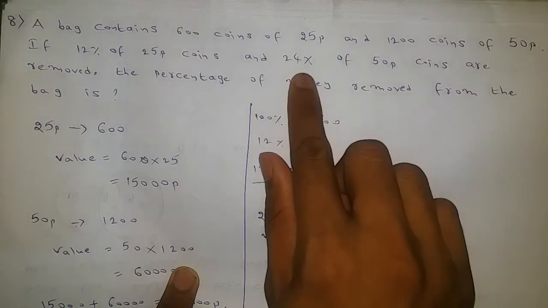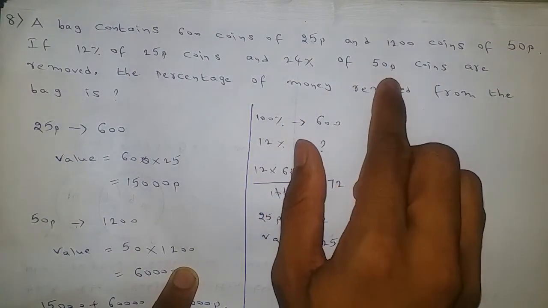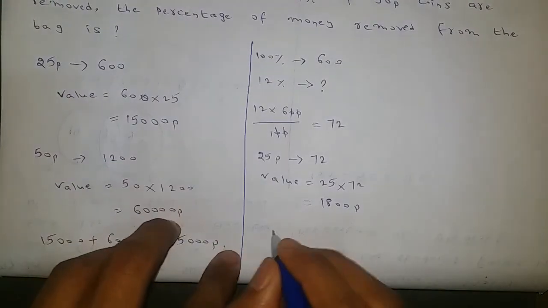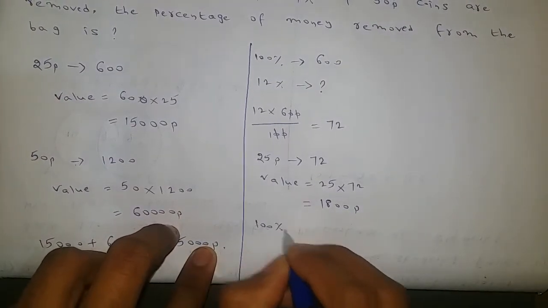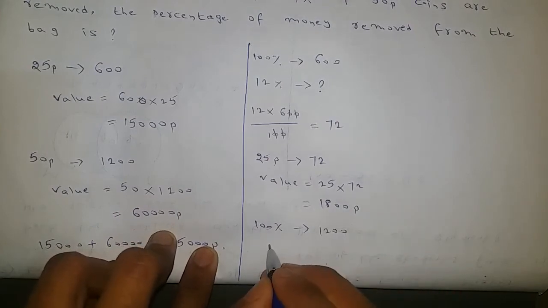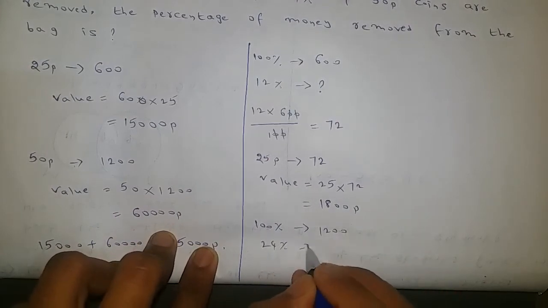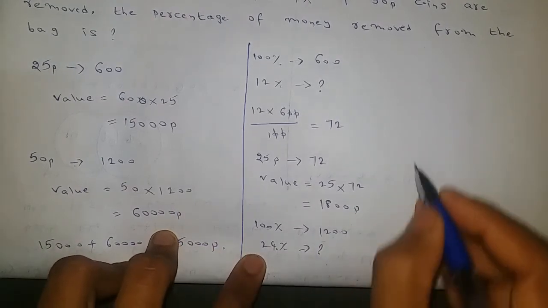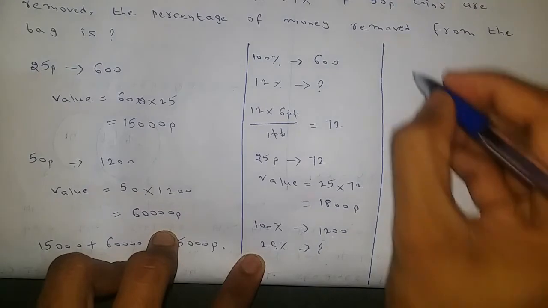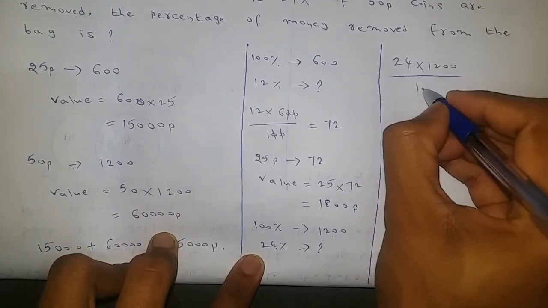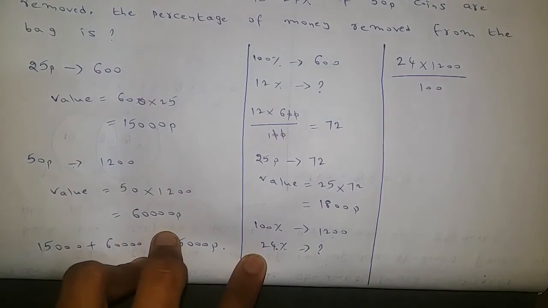Next, 24% of 50 paisa coins. 100 percent is 1200. Then 24%, how much? Cross multiply. We will get 24 into 1200 divided by 100.